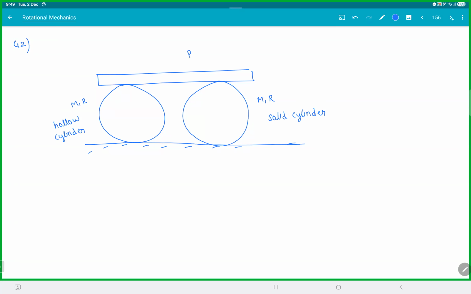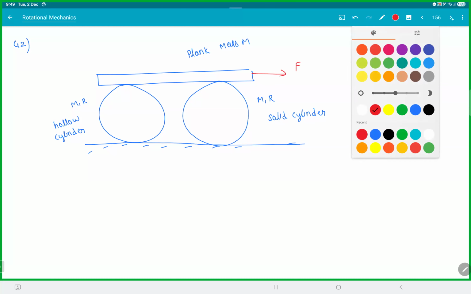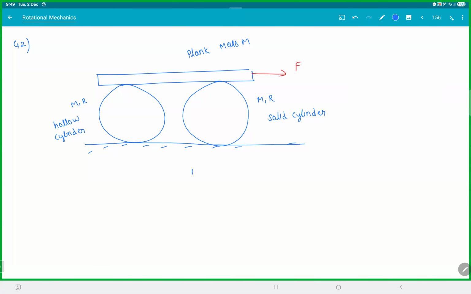The plank is also mass M. It's a long plank, so assume they'll not lose contact. And you're applying force F. There's no slipping at any surface.